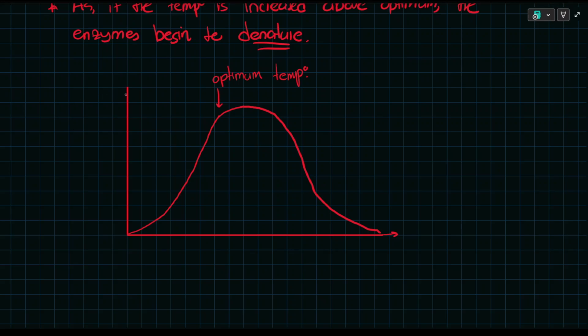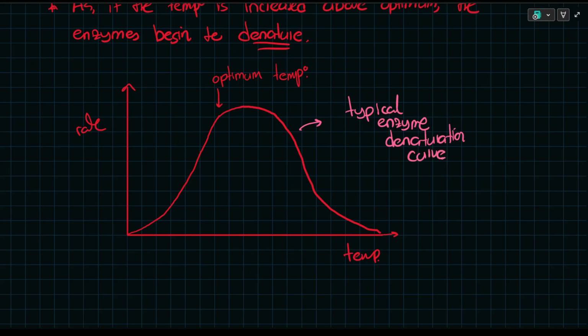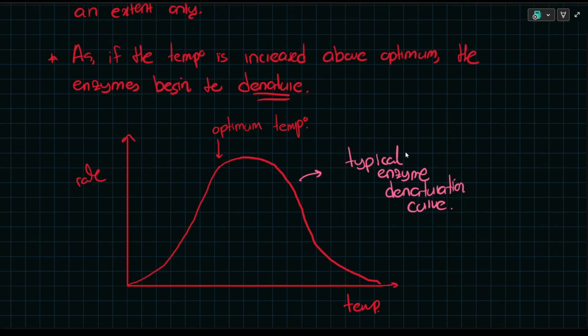Now this graph of rate against temperature, I am certain that you have seen this a million times before. This is simply the typical enzyme denaturation curve. We go beyond the optimum, we lose the active sites of the enzymes as the protein becomes denatured.